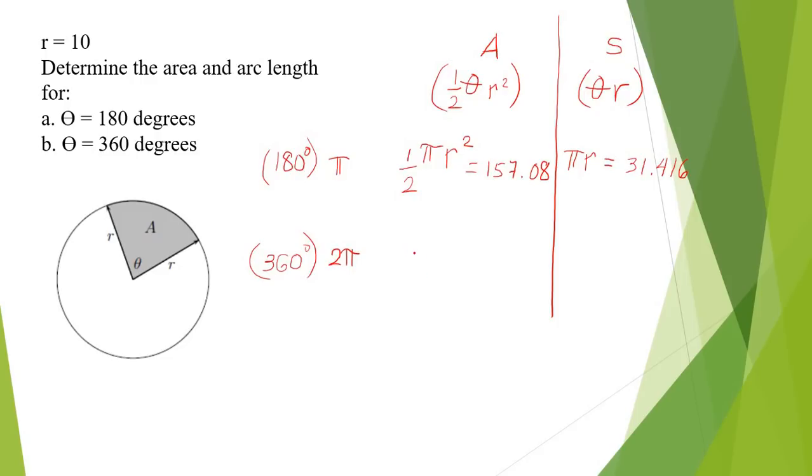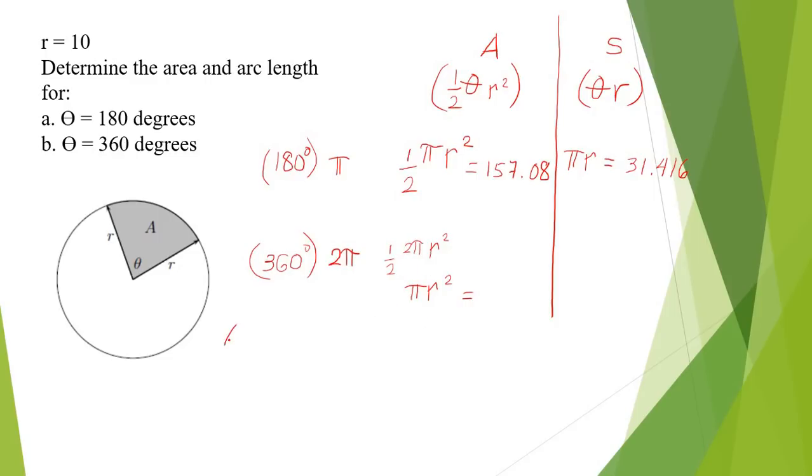Now, when our theta is equal to 360 degrees or 2 pi, again, we will use this formula. We have 1/2 times 2 pi times r squared, which is simply equal to pi r squared. Take note, this is the area of our circle.